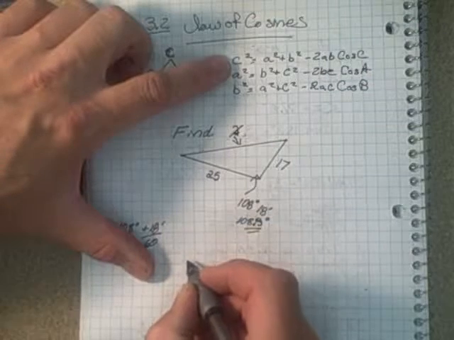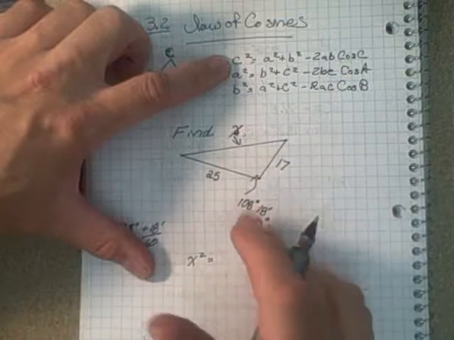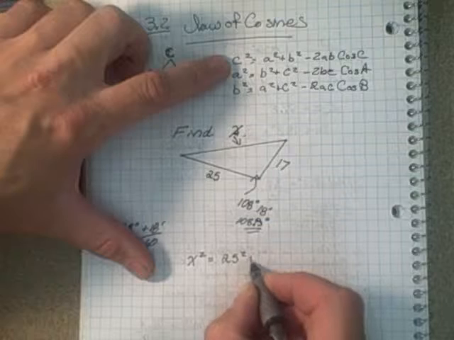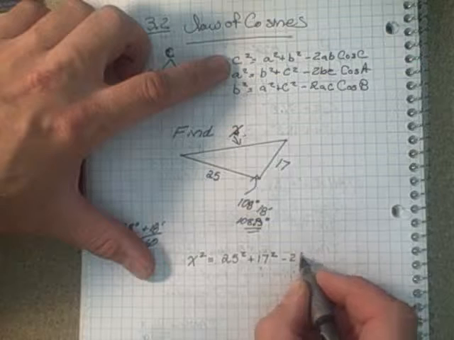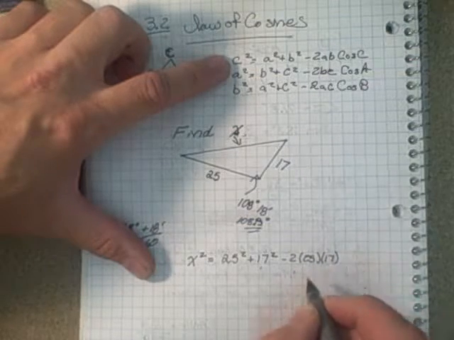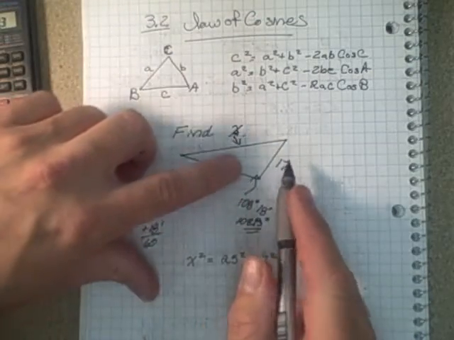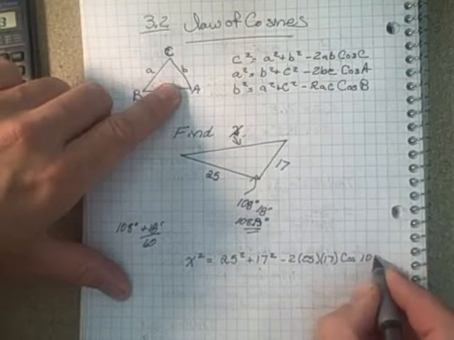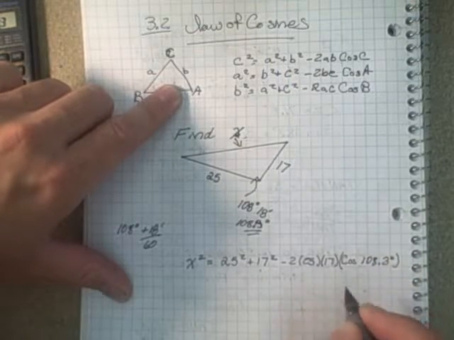So x squared is going to equal the other two sides squared: 25 squared plus 17 squared, minus 2 times 25 times 17, times the cosine of this angle that is included in the two sides. So times the cosine of 108.3 degrees.